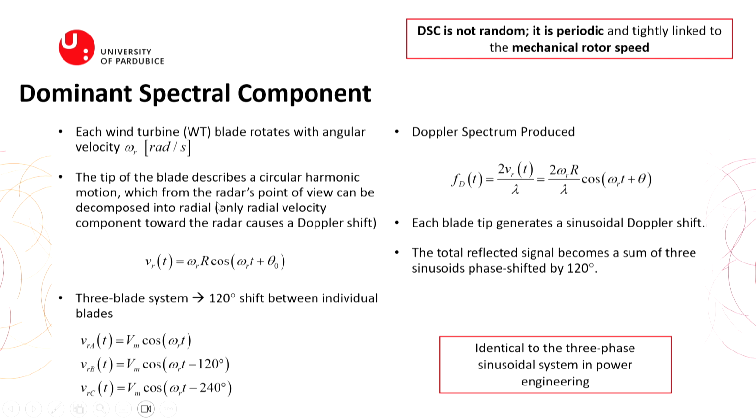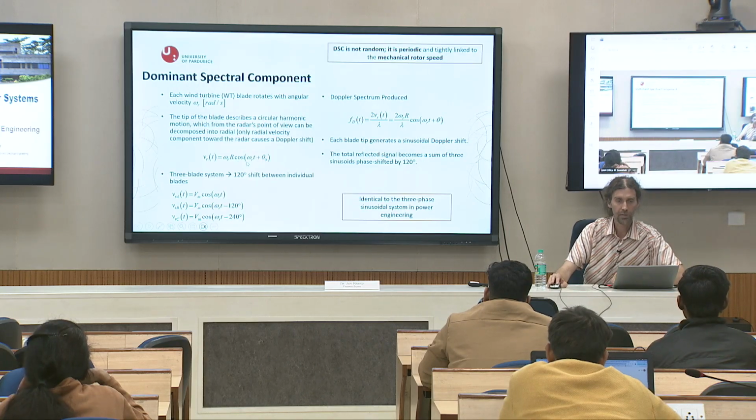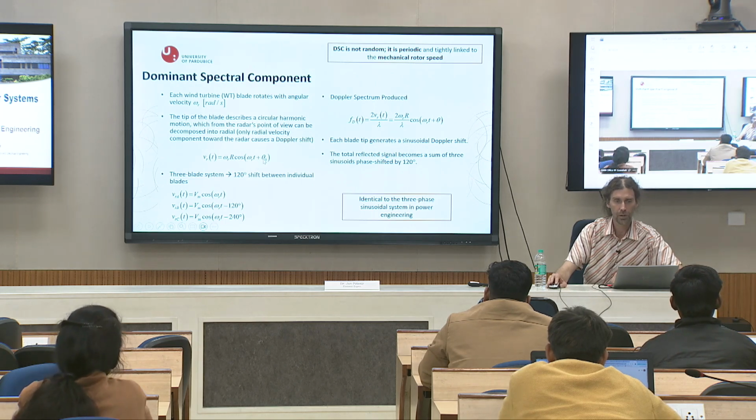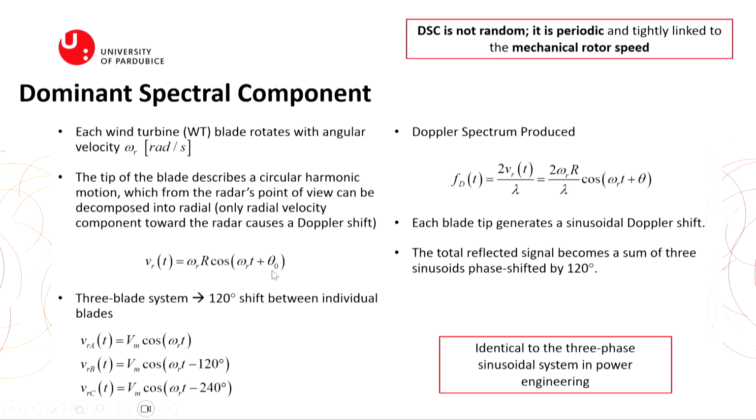I don't know which version you use. So the radial velocity could be described as angular velocity multiplied by r. What is r? The blade length, multiplied by cosine of omega r t plus phi 0. So what is this one? The initialization angle.